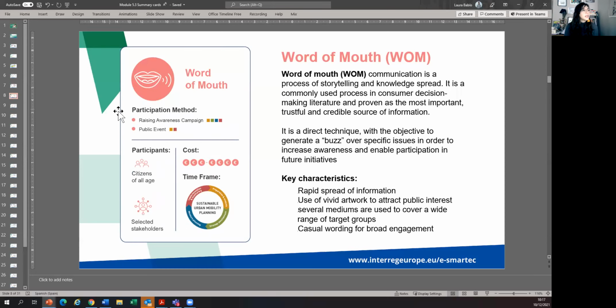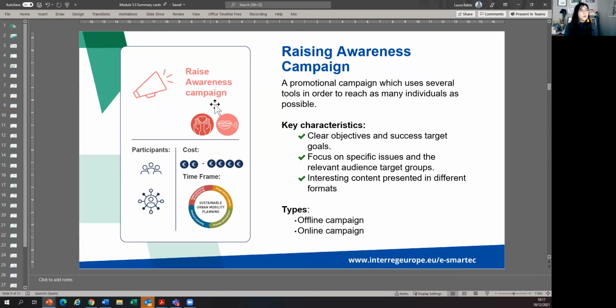So if I decide that I'm going to use a word of mouth and I'm going to do so in the raising awareness campaign, then what I'm going to choose for the cost is the raising awareness campaign. I have decided to do an offline campaign, as I said, that is really about one event where you're going to talk and such.